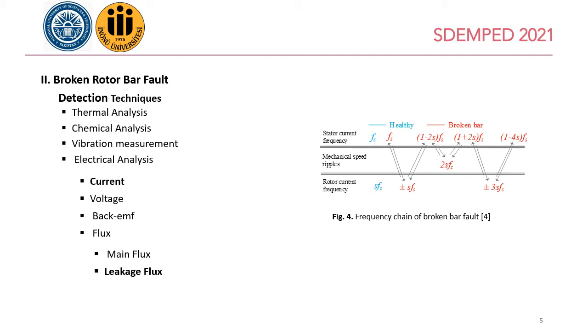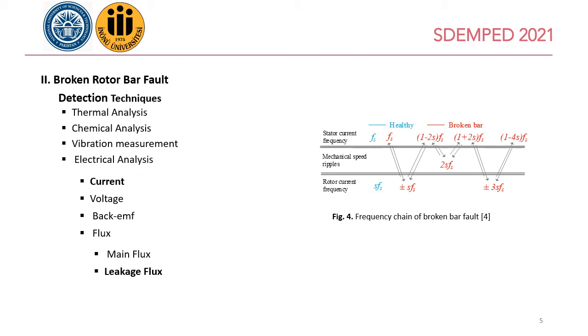In flux, leakage flux contributes more to the detection of broken bar faults. So in our work, leakage flux is compared with respect to the stator current for the detection of rotor broken bar faults.